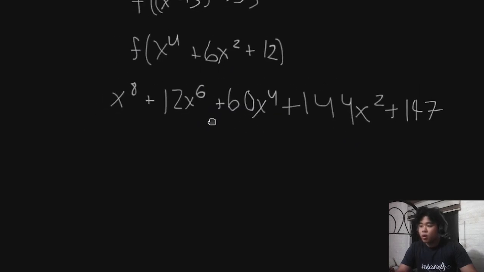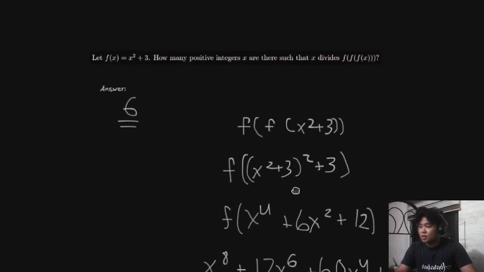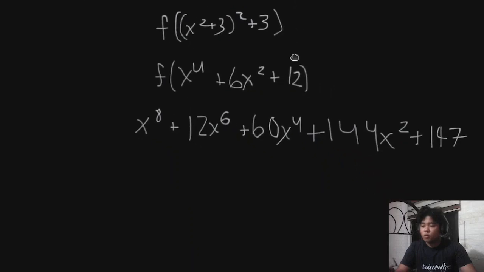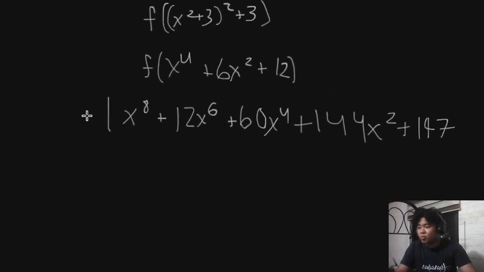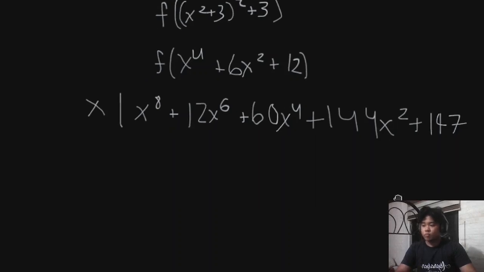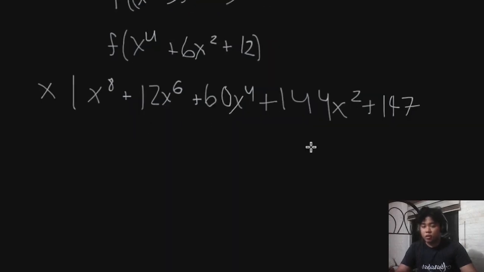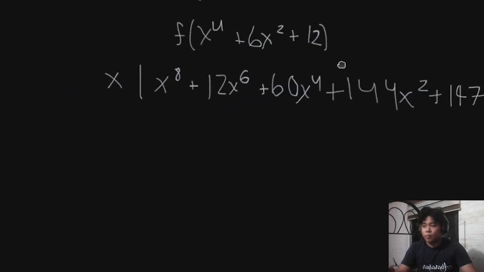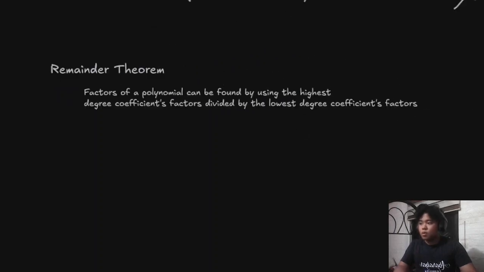Now the question is asking, how many positive integers x are there such that x divides f of f of f of x? What it's trying to say is, for how many numbers x does x divide this expression. The key idea here is the remainder theorem. The remainder theorem states that the factors of a polynomial can be found by using the highest degree coefficient factors divided by the lowest degree coefficient factors.